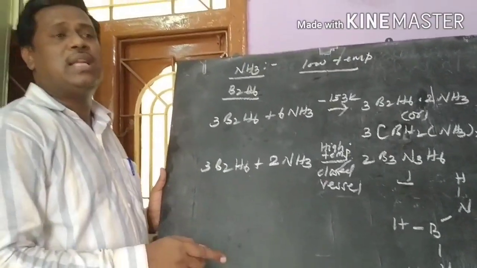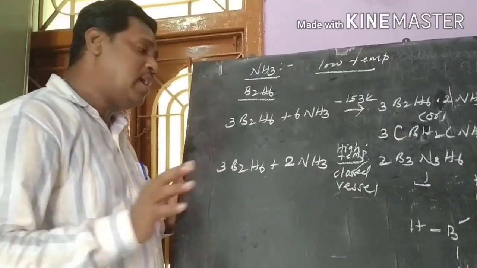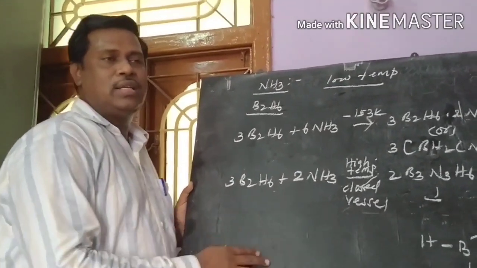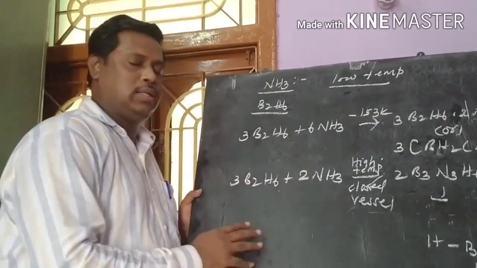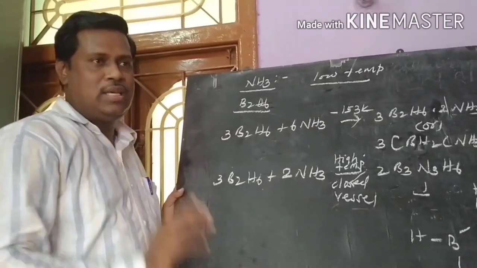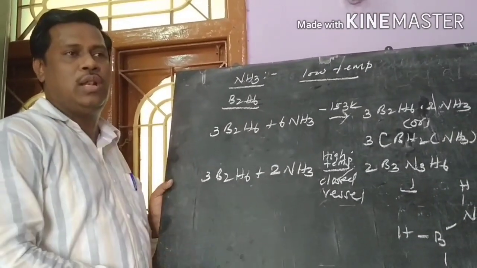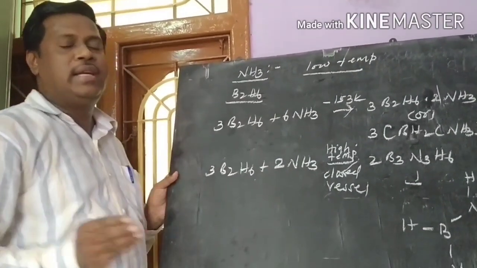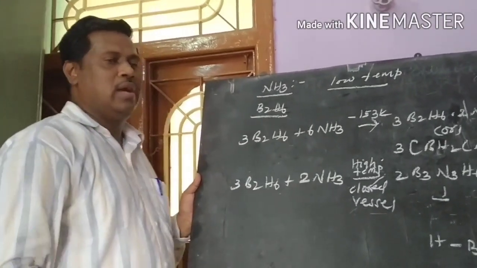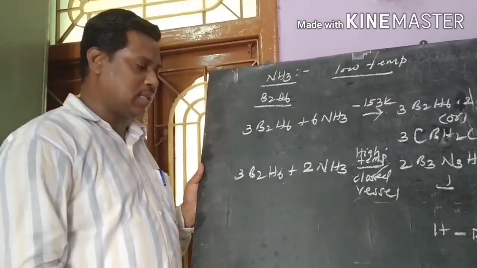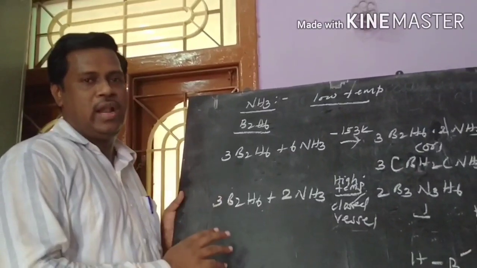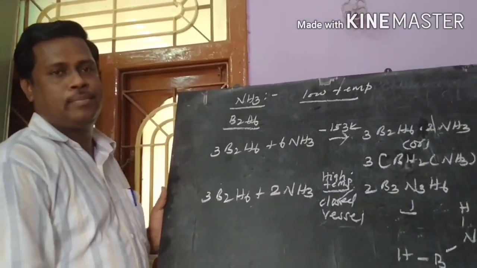It is used as a reducing agent in organic chemistry. It is used in welding torches. Metals-ஐ நாம இங்க பயன்படுத்தக்கூடிய welding-க்கு diborane use பண்ணிக்கிறாங்க.